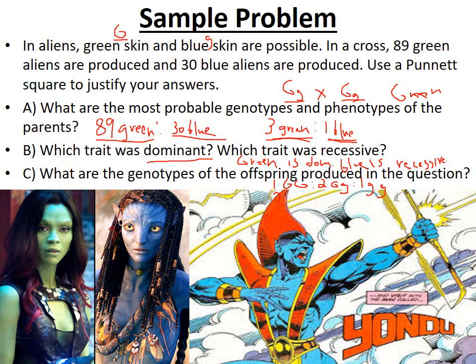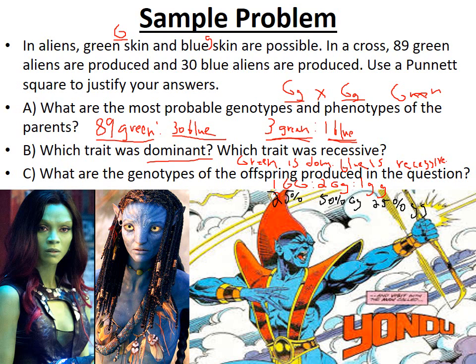So that means about 25% would be big G, big G, 50% would be big G, little g, and 25% would be little g, little g.